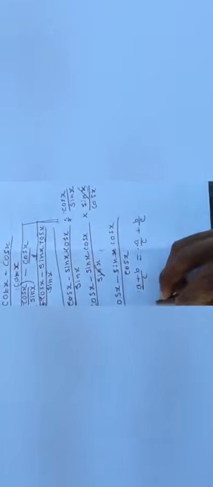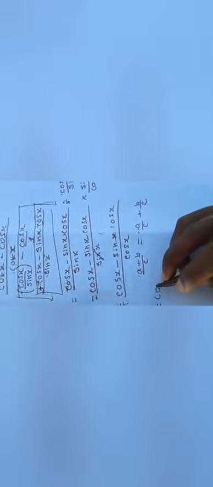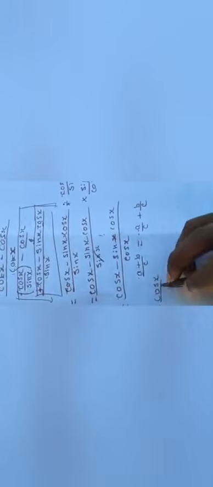So recall that whenever we have a plus b over c, we can also write it as a over c plus b over c. So in this situation, I'm also going to write this in this format. So I can also write this as cos x over cos x minus sine x times cos x over cos x.